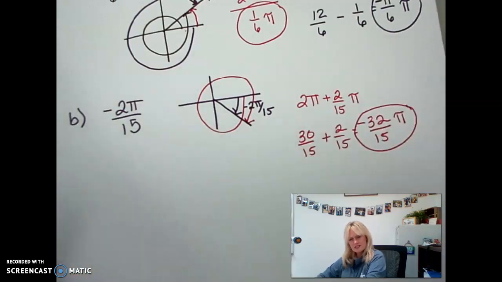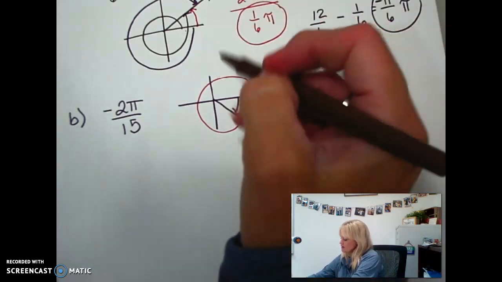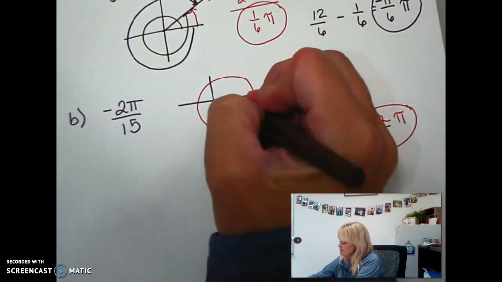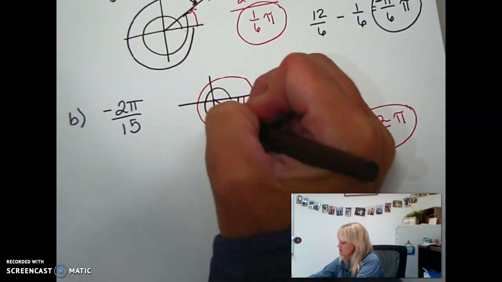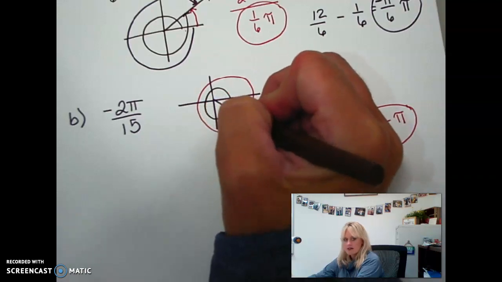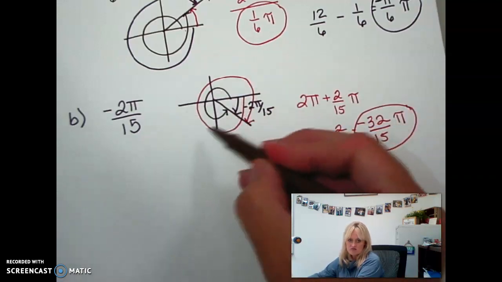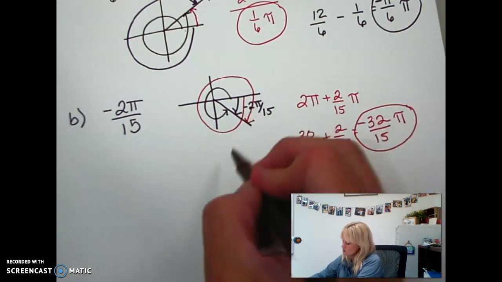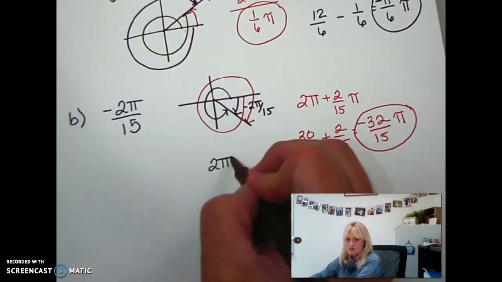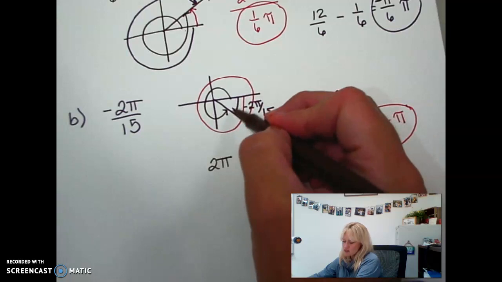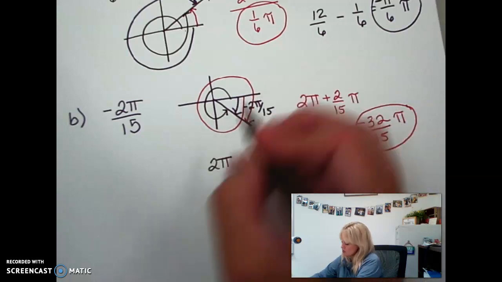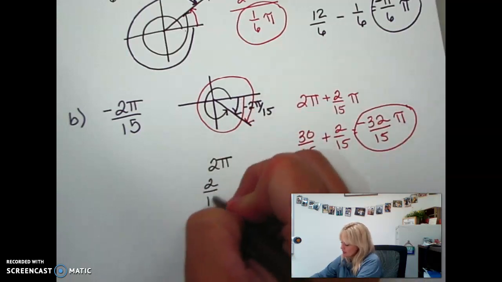So what is the positive coterminal angle? Well, I have to go the opposite direction, or up. So now I'm going to start here and go up and end there. Well, did I make a full circle? I didn't. We know a full circle is 2 pi, but I have to take away this little piece right here, which is 2/15 pi.